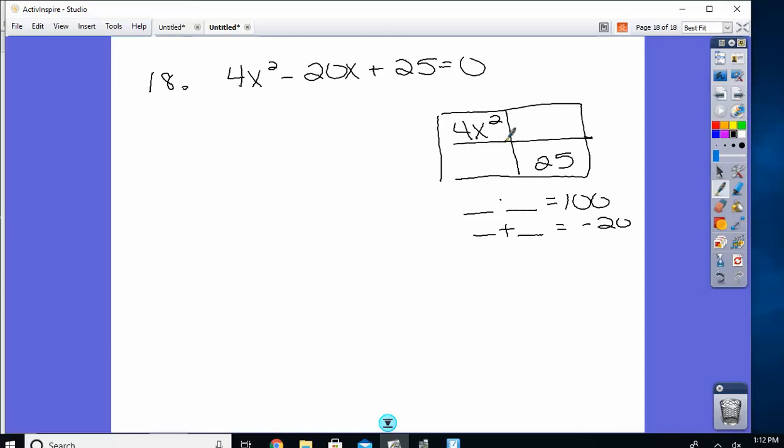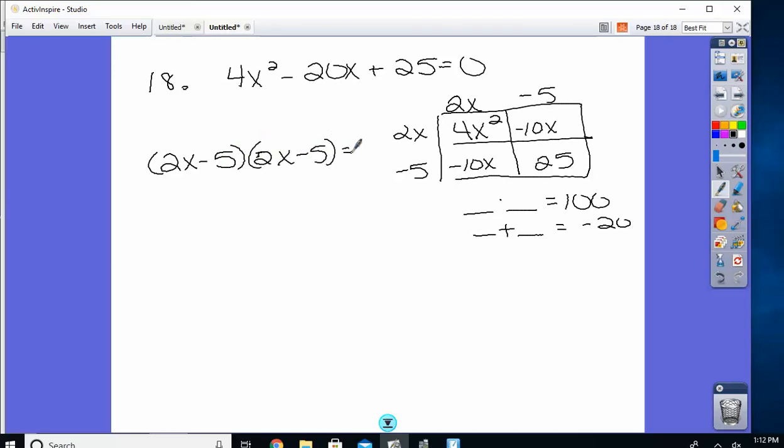Negative 10, negative 10. This is 2x minus 5, 2x minus 5. You can either write it twice, or how else could you write that? Squared, with a 2.